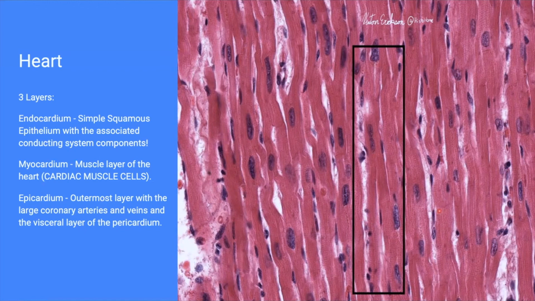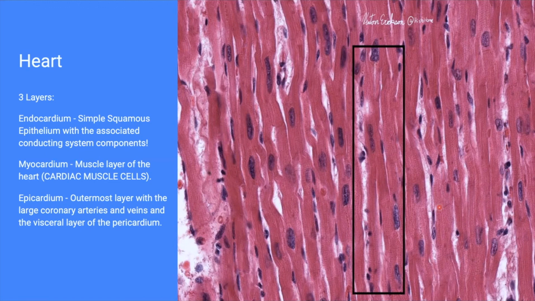And these, of course, are allowing for electrolyte exchange, cation and anion exchange, and message communication between adjacent cardiac muscle fibers. And then if we were to see a cross section, we would see centrally located nuclei.